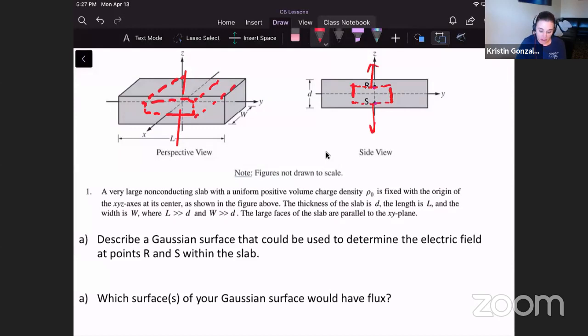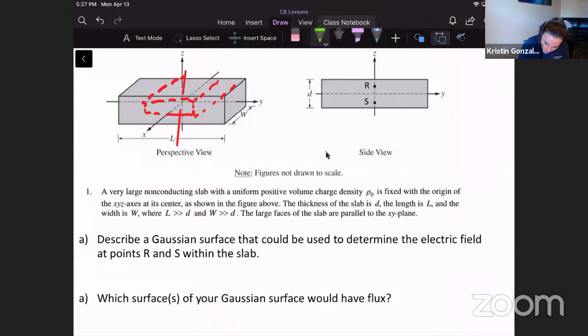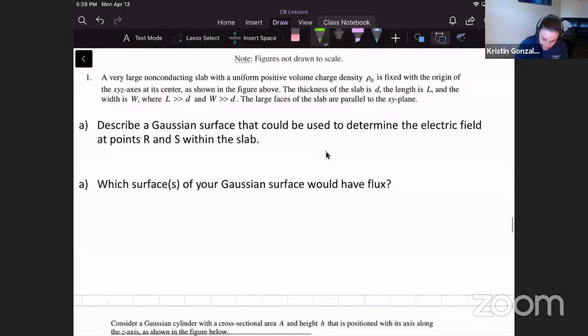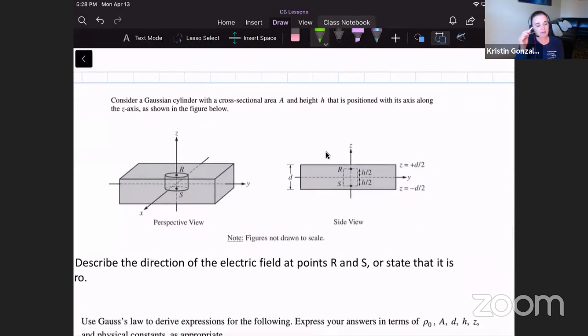Okay, what other surface could you use? Well, I think when Roger did his slab the other day, he used a cylinder. So there are some people that like to use the cylinder instead of the rectangular prism for their Gaussian surface, and that's totally acceptable also. It's actually what they gave you on this problem, which did not originally have that first part.